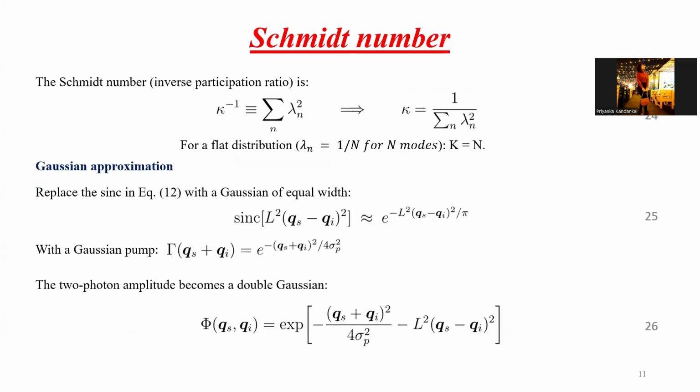Now we want a Schmidt number that captures how entangled the state is, by defining kappa, which is the inverse of the summation over lambda n squared. To get a closed expression for kappa, we make one approximation by replacing the sinc function with a Gaussian. The amplitude becomes a double Gaussian in Qs plus Qi and Qs minus Qi.